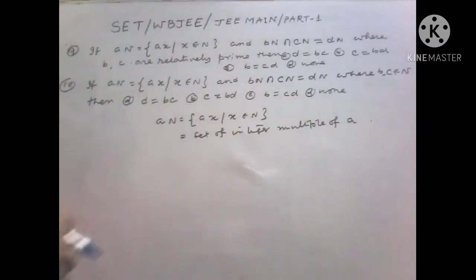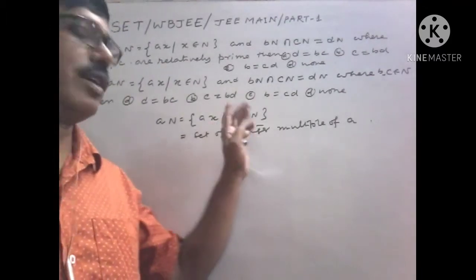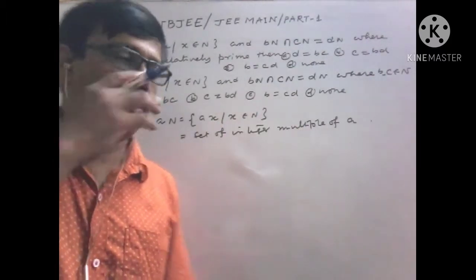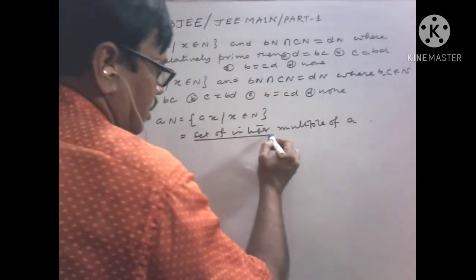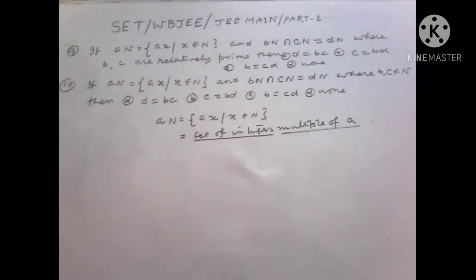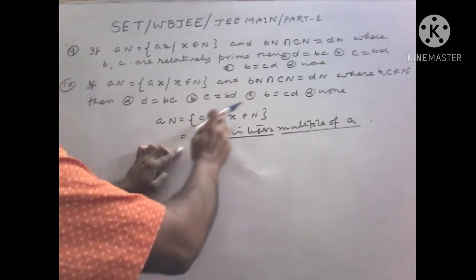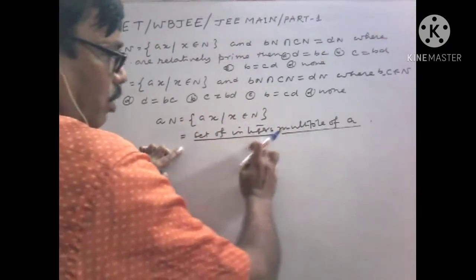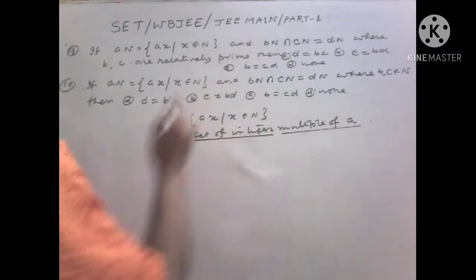In language, multiples of a: a, 2a, 3a, 4a, 5a. So x equals 1 gives a, then 2a, 3a. That is the set of integers that are multiples of a. Similarly Bn and Cn.